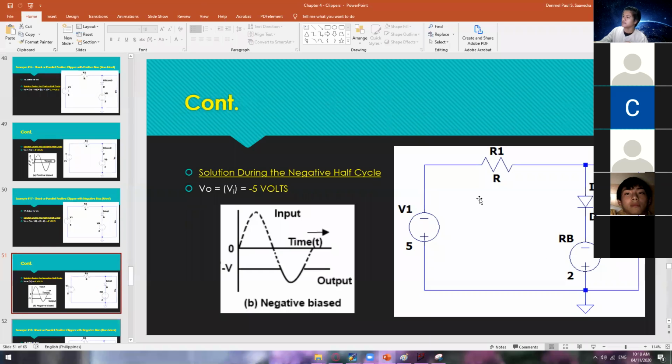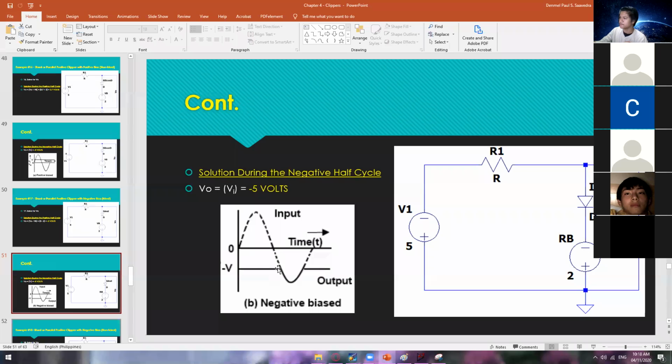And then for the negative half cycle, we have negative to positive, positive to negative. As you can see right here, it's contradicting this one, wherein it will make this one a forward bias, wherein it will not conduct if it's in forward bias. So as a result, it will not conduct for the first -1 and then -2 volts.